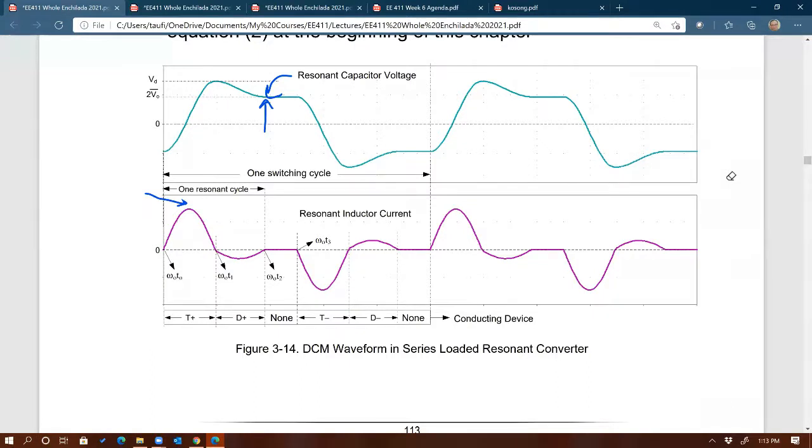For D plus and D minus, do I have to use Schottky's, fast diodes, or would a PN diode be sufficient for this mode? You probably want pretty fast diodes so that you're minimizing that handover. Otherwise the voltage is going to rise and then it's going to conduct and you're going to get a current spike. Okay. Ideally though, theoretically speaking.